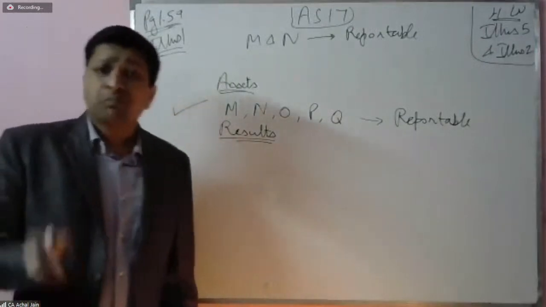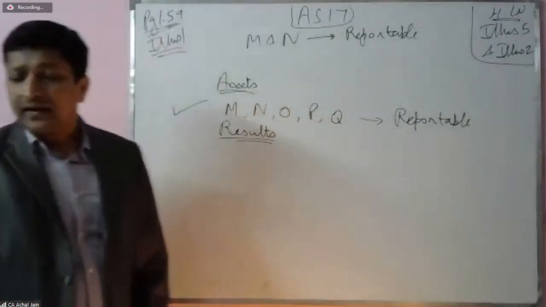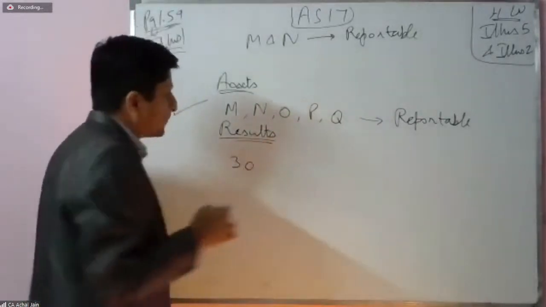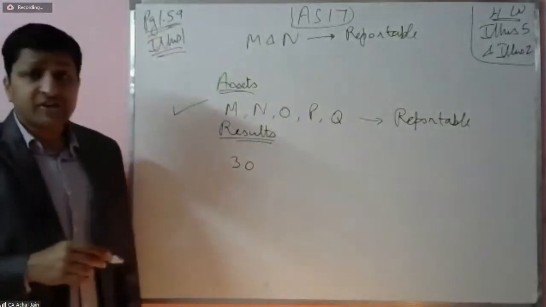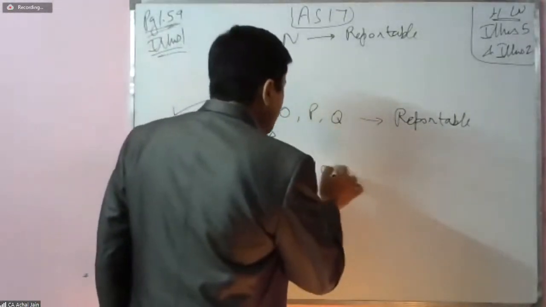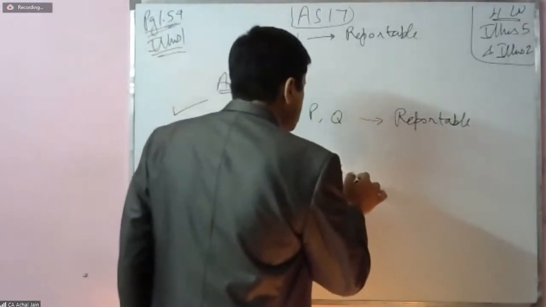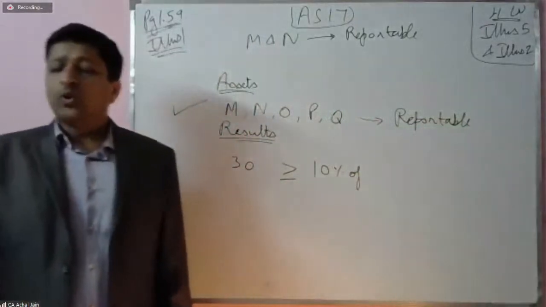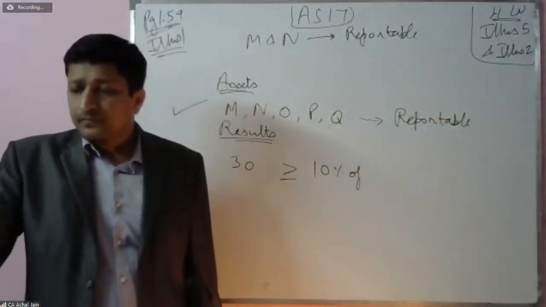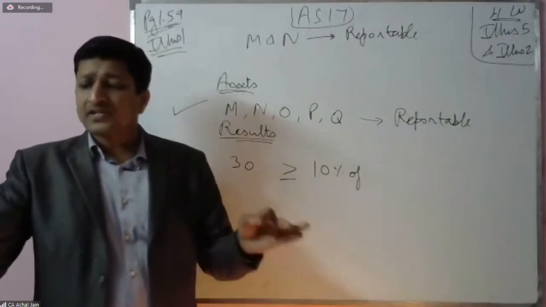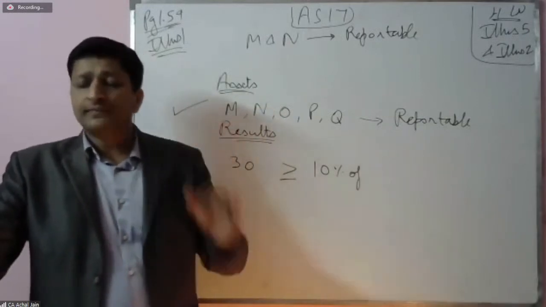So what is the profit or loss of segment R? 30. Okay. Now this should be greater than or equal to 10% of total profits. So if you look at the profits, what do we have? 50 plus 10 plus 10 plus 30.